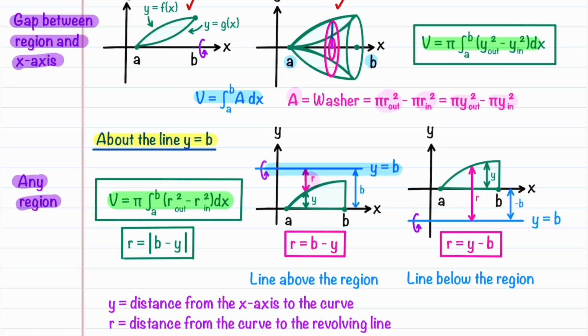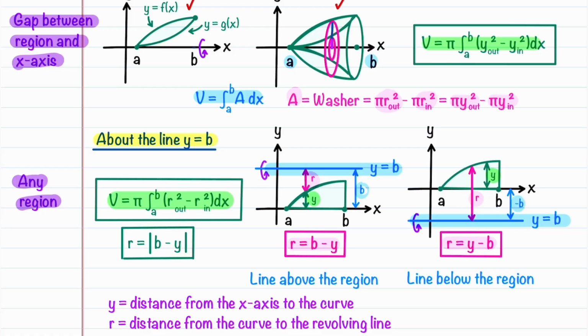Since r plus y is equal to b, our radius is r is equal to b minus y. In the second diagram, the line that the region is rotated about lies below the region. Since the line lies below the x-axis, b is negative, and the radius r is equal to y minus b.